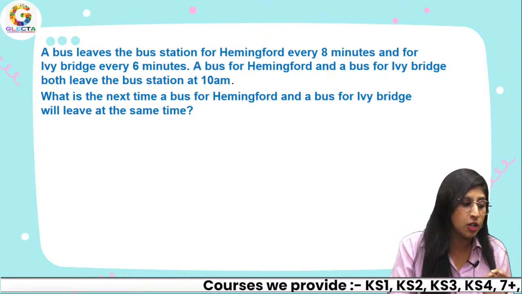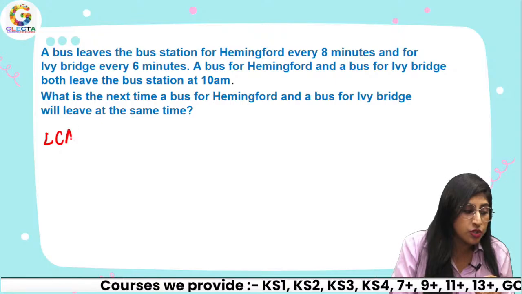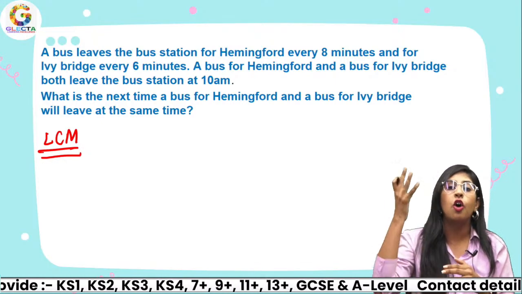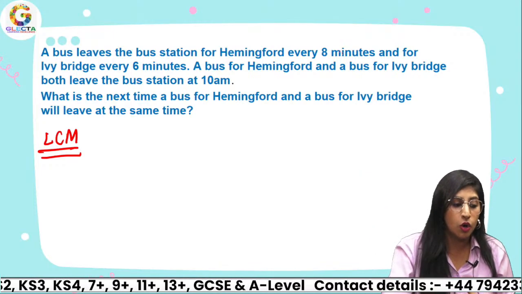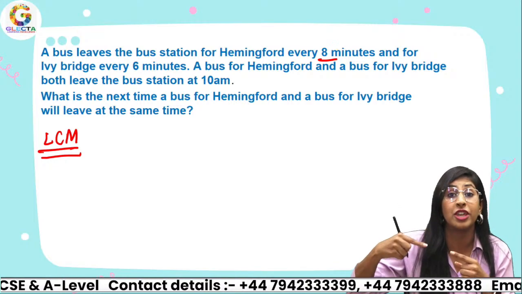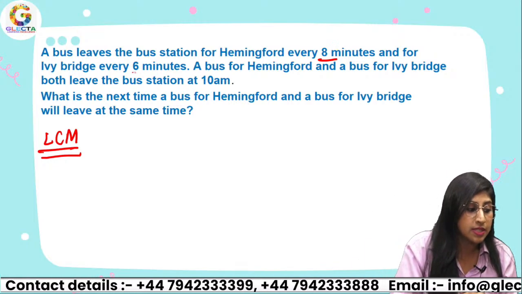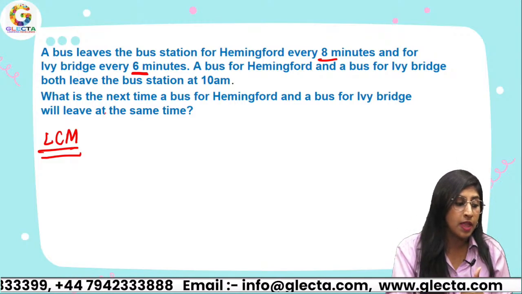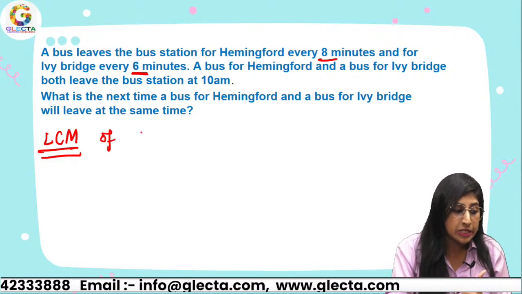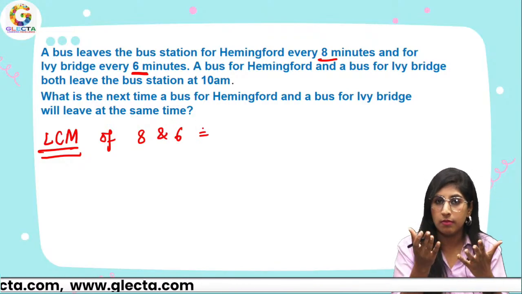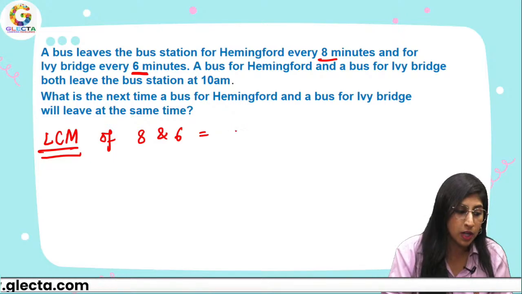Remember a simple thing: you just have to calculate the least common multiple of the numbers that are given. Over here, the first bus leaves after every 8 minutes. The second bus leaves after every 6 minutes. That means you have to calculate the least common multiple of 8 and 6. What is the least common multiple?